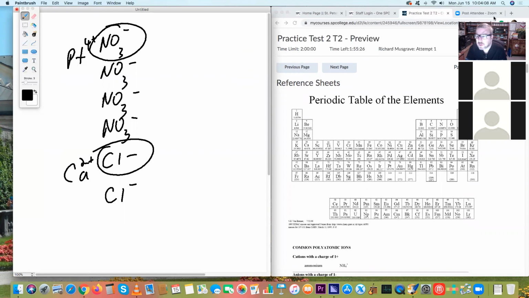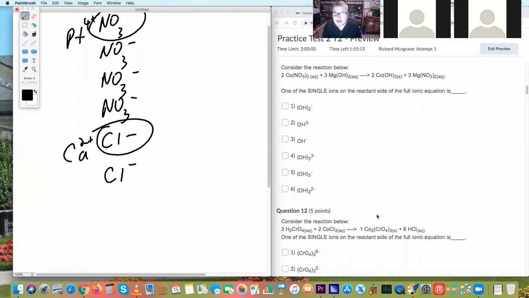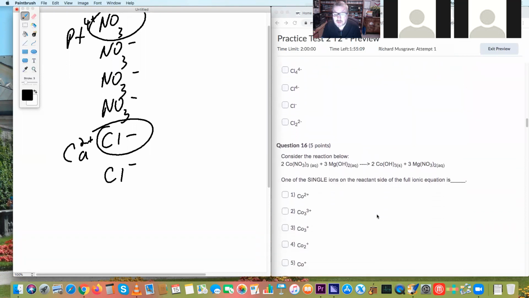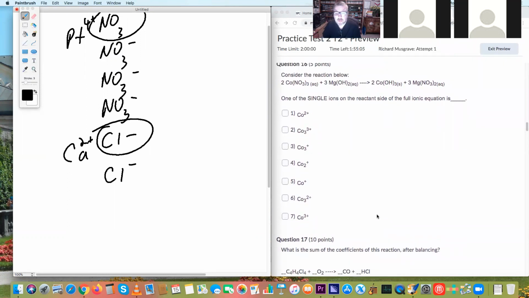But we also know that chlorine here is in group 7, so it's 1 minus. But the thing is just to get the charge on one of those, and that's the ion that will be the answer there.